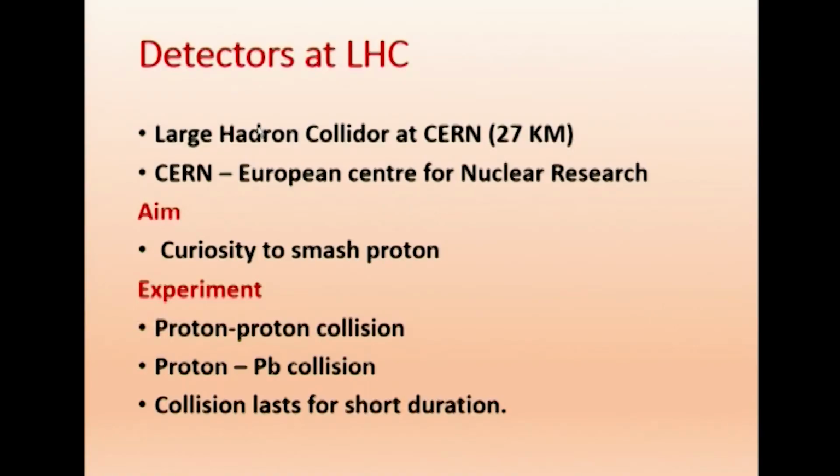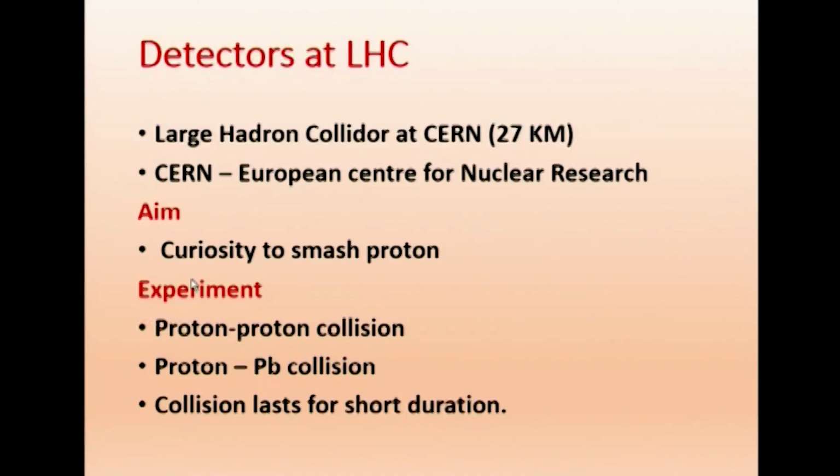Now for this, what are the types of detectors used? And before that, why was this experiment done? Just curiosity. They want to smash proton and proton and see what happens. If we take one atom, I want to break the atom and see what happens.